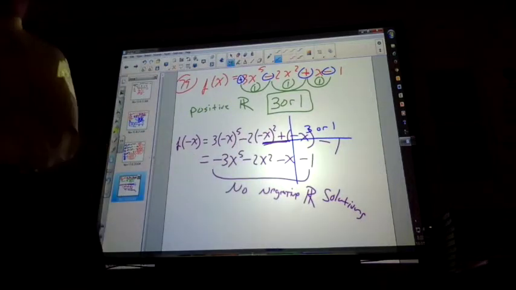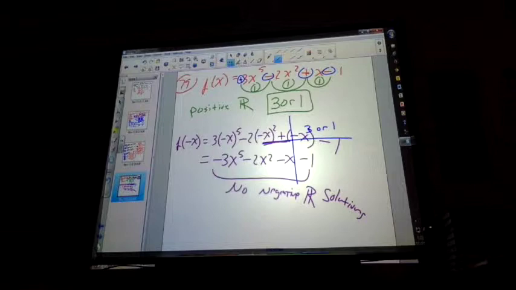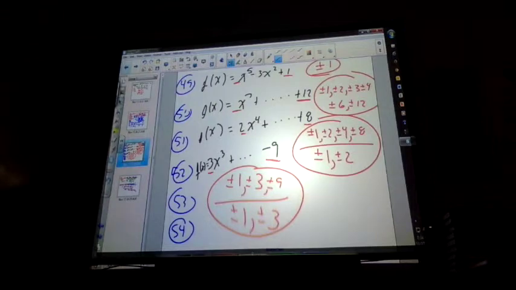So where would that tool be helpful? Where would that tool be helpful, do you think? Think a little deeper. Think about the problems that we just did back here. What am I eliminating by seeing that there are 0 negative real zeros?